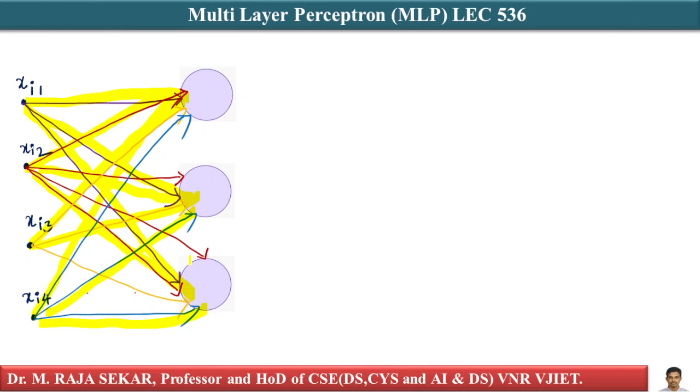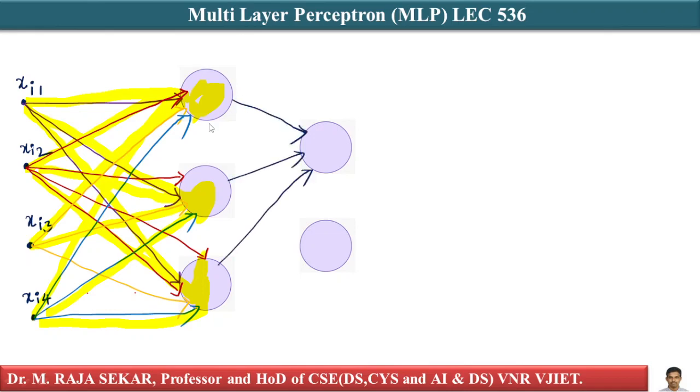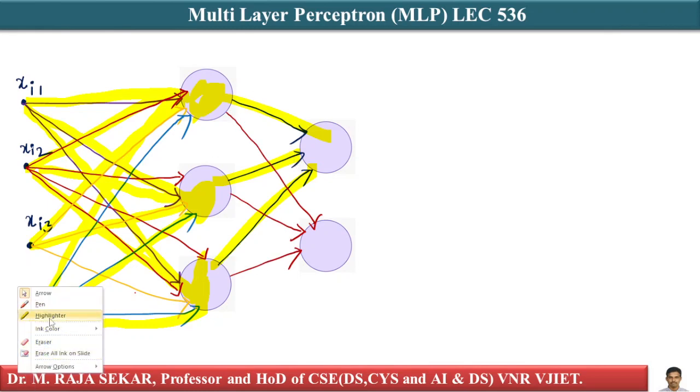Similarly, each of these neurons connects to another set of neurons. Let me assume that from this neuron to this neuron, I have connections like this. In a similar manner, I am connecting the neurons like this. We completed this neuron; again this one.